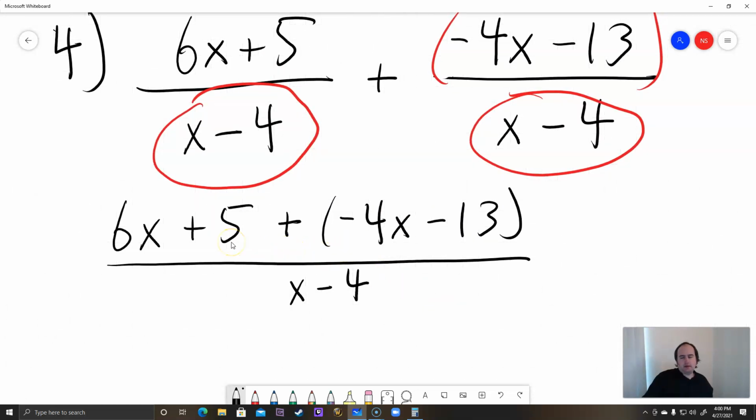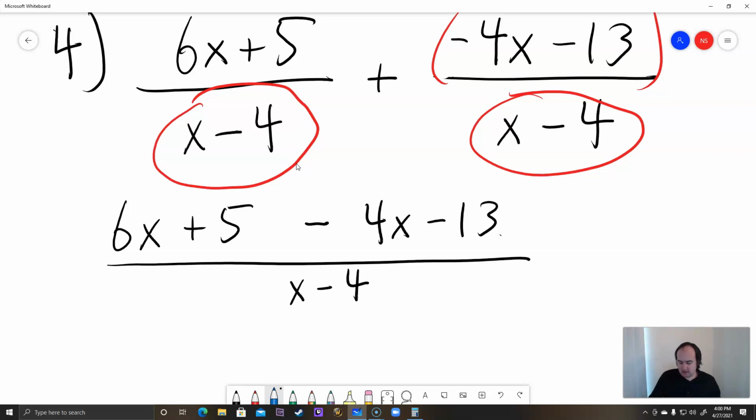All right, and then remember when you're adding something, it doesn't change the sign of the terms. So like a plus and a minus don't do anything. So this plus isn't really doing anything. So instead of writing plus negative 4x up here, I can just write it as negative 4x minus 13. Okay, and then we can combine like terms.